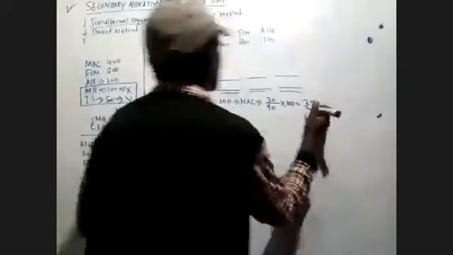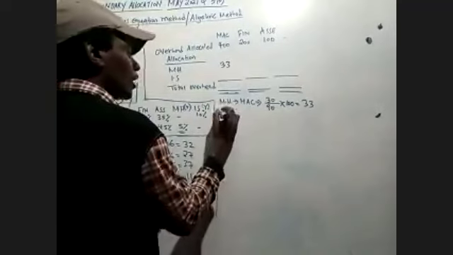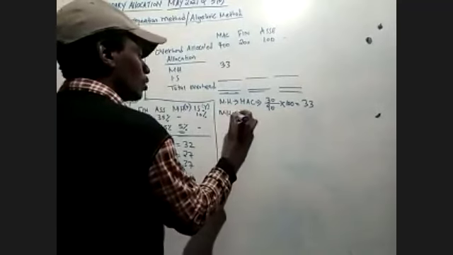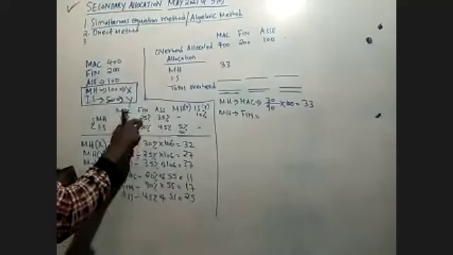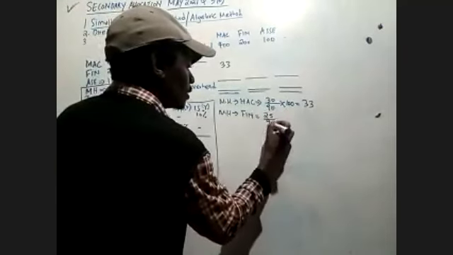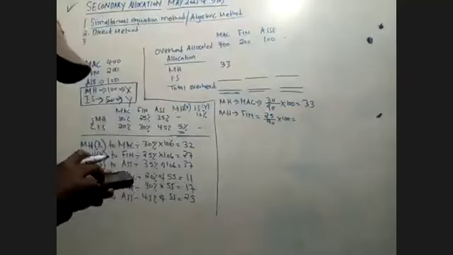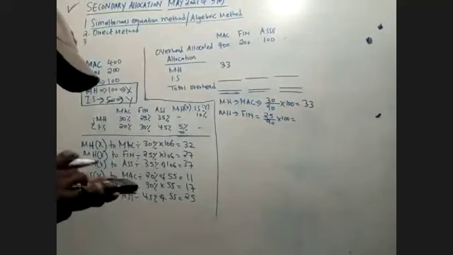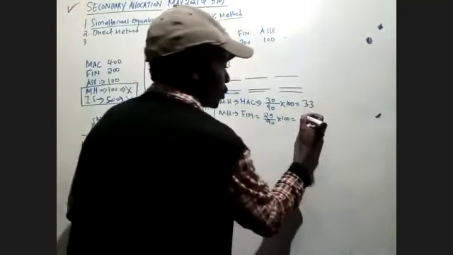Nakuja naweka hapa 33. Then MH to fin. Ni ngapi? 25% over 90 times 100, which is 28.